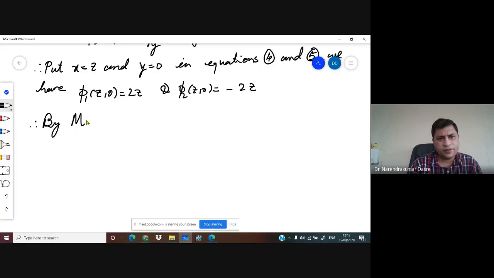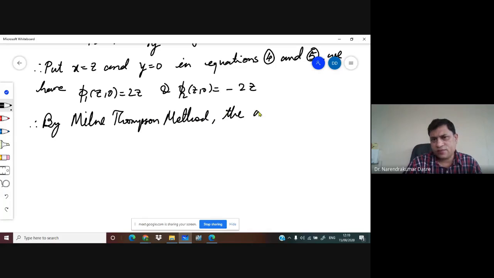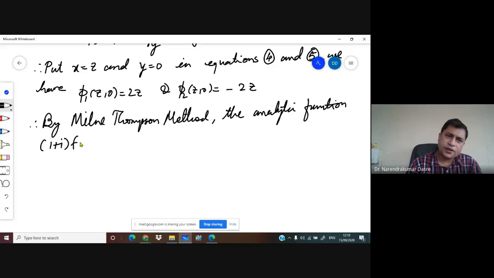So by the Milne-Thompson method, the analytic function 1 plus i into f of z is given as follows.